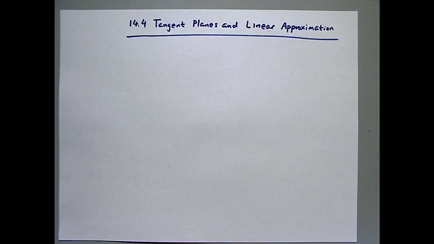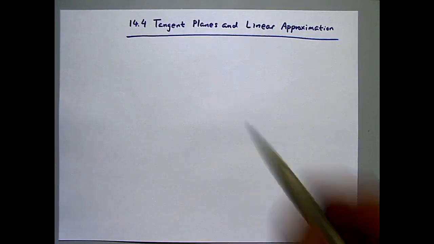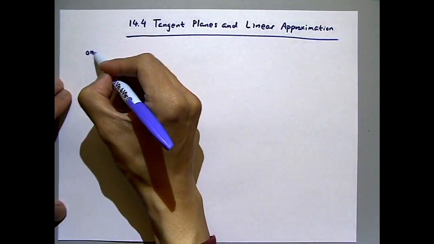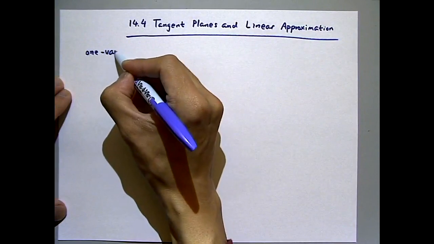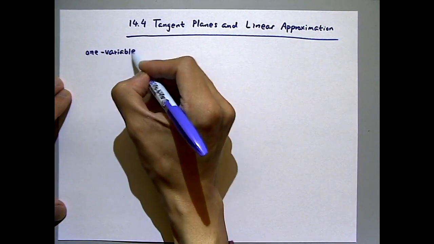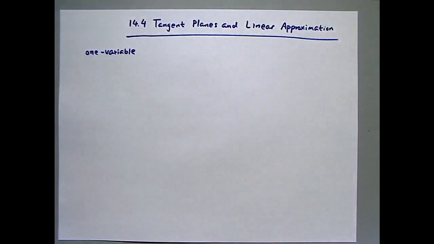You looked at linear approximation back when you took Calculus 1. So let's do a very, very quick review of what you did back then. Again, we're going to use the knowledge you have from the one variable case and then extend it to two variables and beyond.